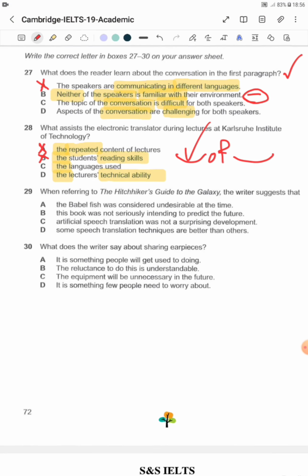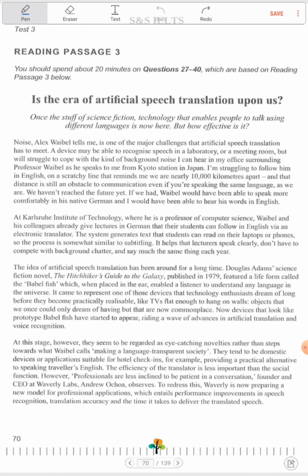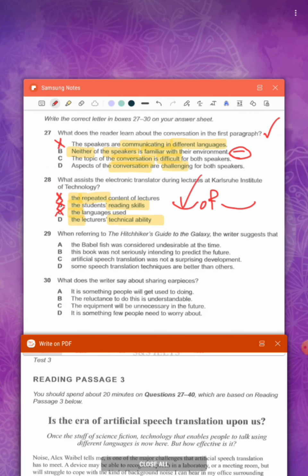And what about the languages used? What can assist the electronic translator? It is just like the languages used could assist. It was like German and English could assist. If it was French, it wouldn't assist, okay? Is it true? Of course not. And it didn't mention it at all. And D, technical ability.